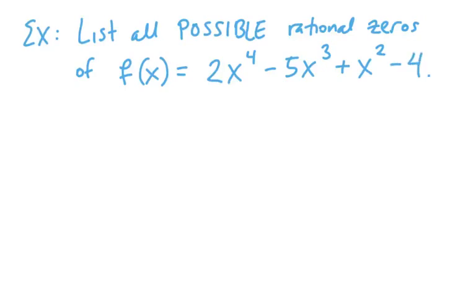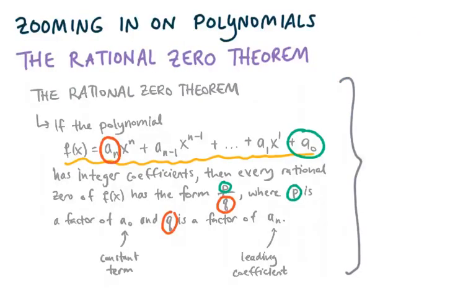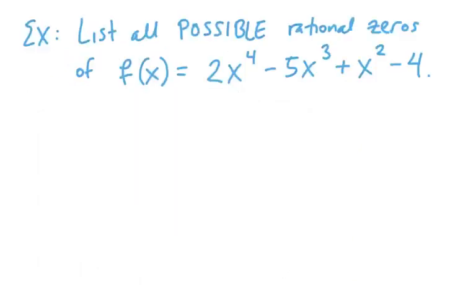Okay. So you may have noticed in that rational zero theorem, the way it was written, we really care about the values at the end and the beginning if your polynomial is in standard order. So I'm going to use the same color coding. I'm just going to circle this -4 at the end and this 2 at the beginning, and realize that the possible rational zeros will be dependent upon the factors of those values.